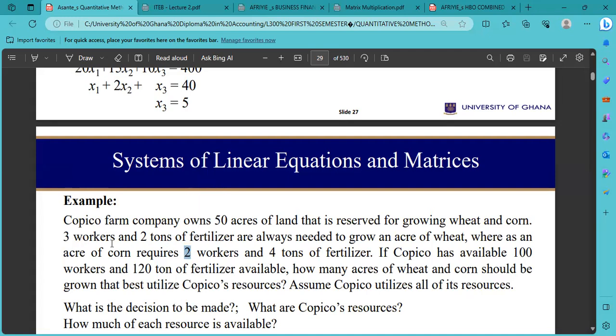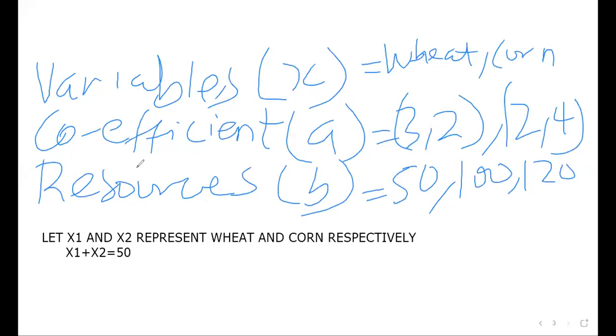So it will be 3x1 plus 2x2 is equal to the total available resource, which is 100. This is for the workers.